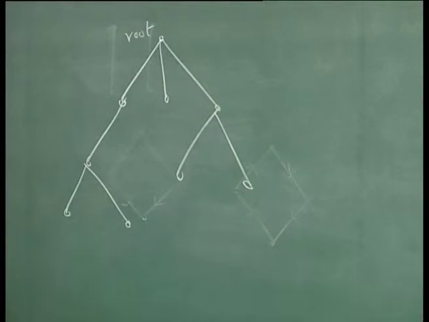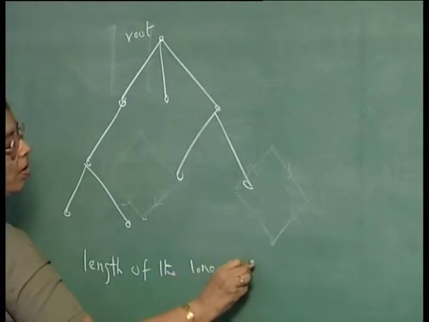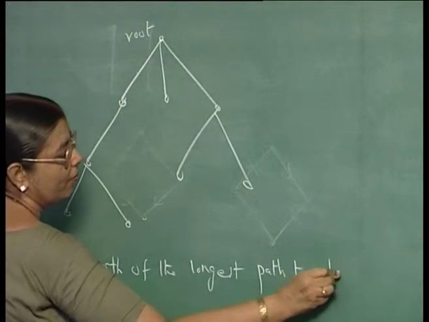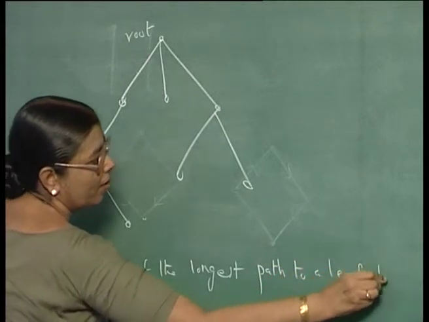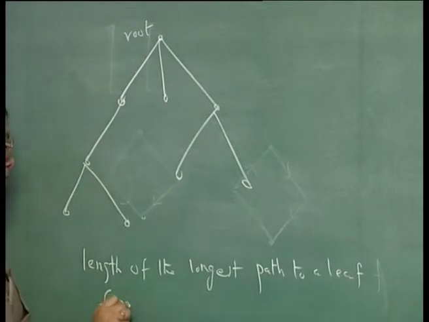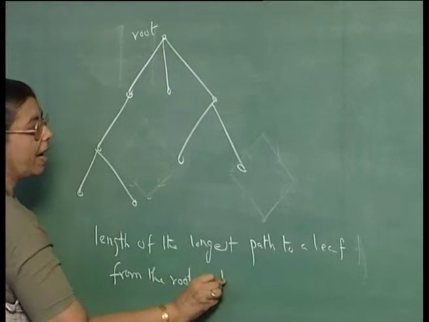Now, what is the height of this tree? The height of the tree is the length of the longest path from the root to a leaf. This is called the height of the tree.